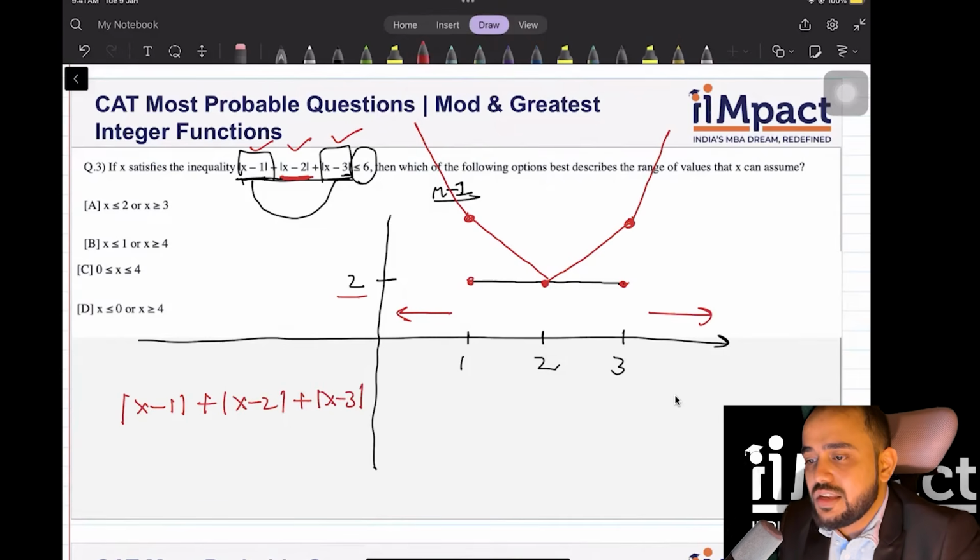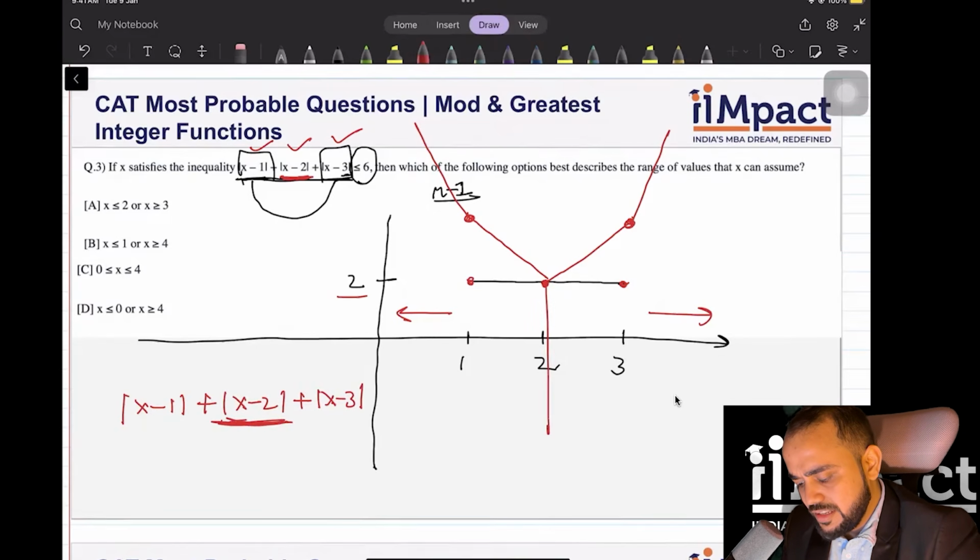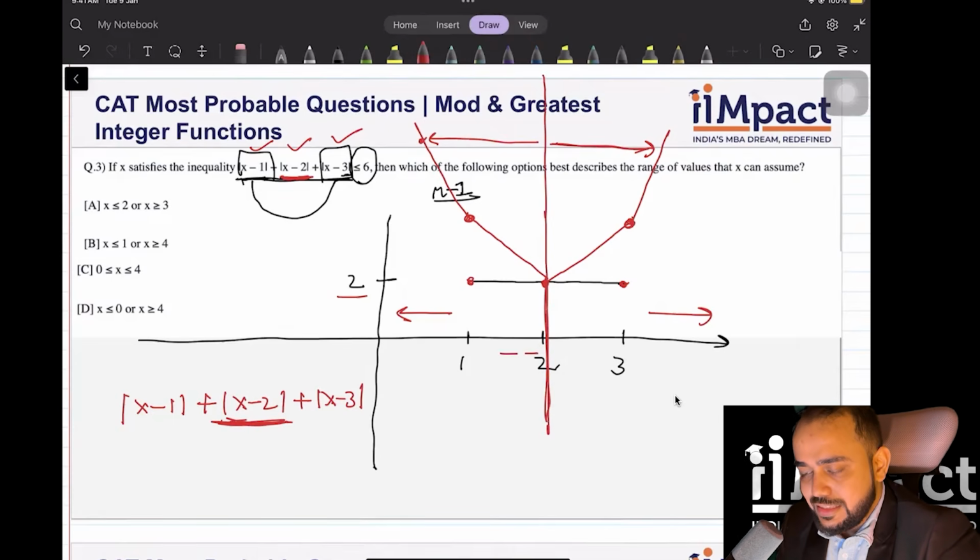They are in AP essentially, which means that the graph will be symmetrical around the central term. And that is something we have also drawn. So the graph is symmetrical around this. So I can find just for one direction, and for the second direction I'll just subtract from 2 to get this point. So we are saying this should be less than or equal to 6.